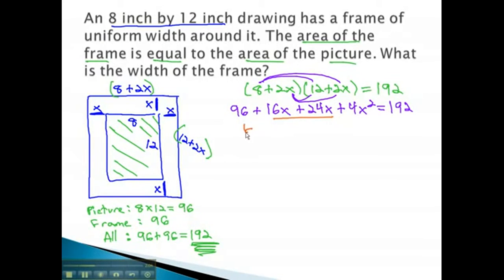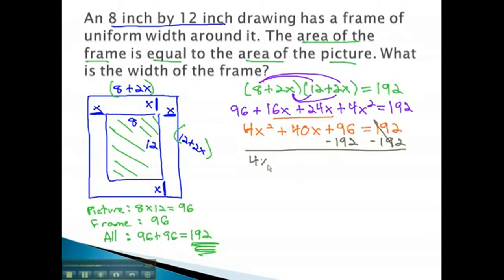Combining like terms and putting things in order gives us 4x squared plus 40x plus 96 equals 192. In order to start solving, we want the equation to equal 0, so we will subtract 192 from both sides. This gives us 4x squared plus 40x minus 96 equals 0.